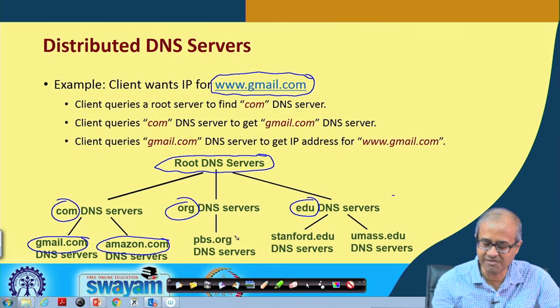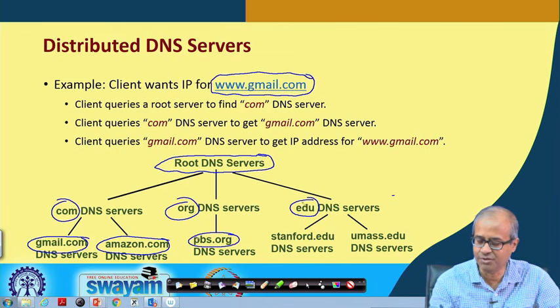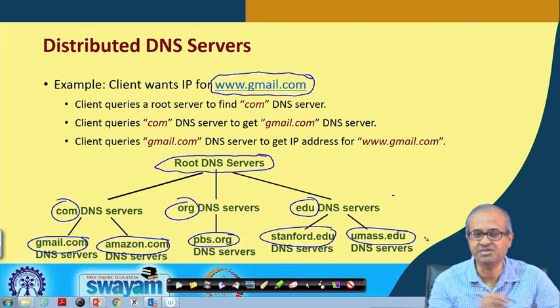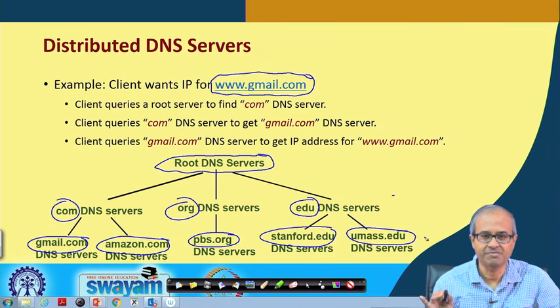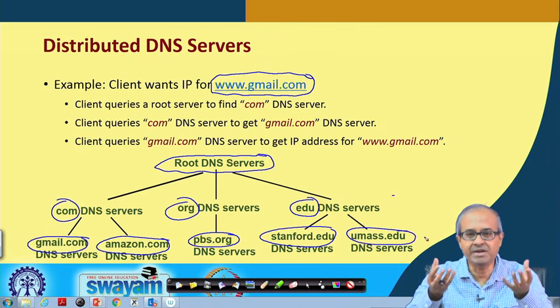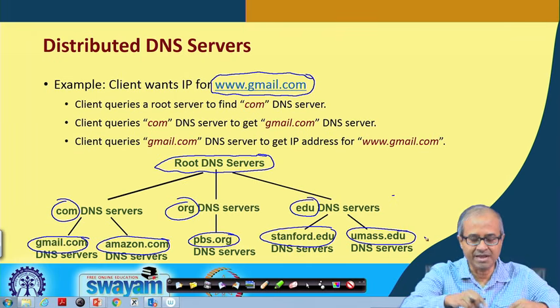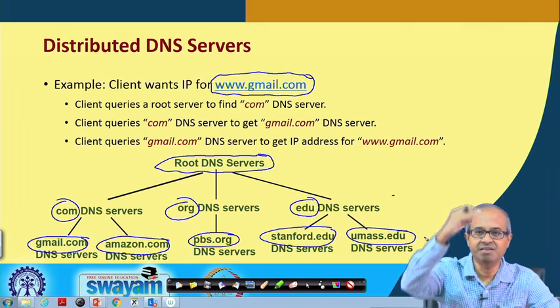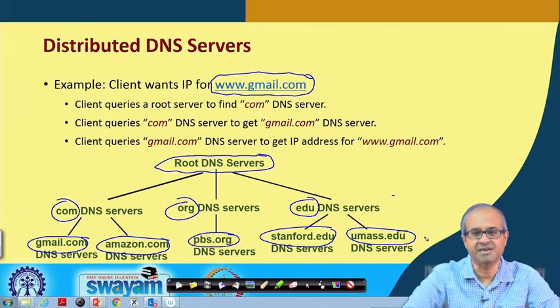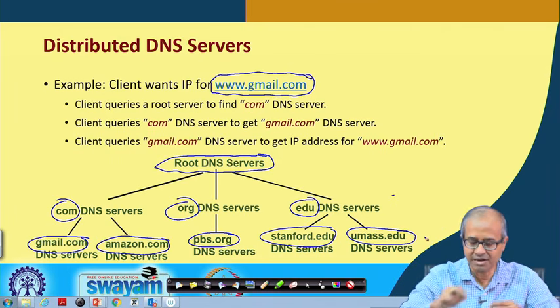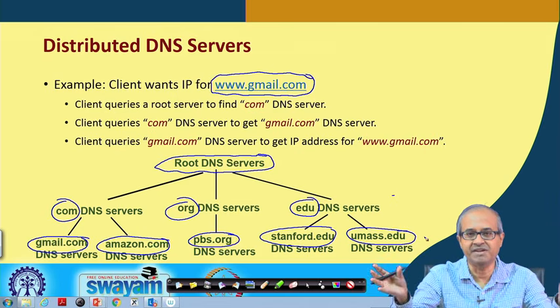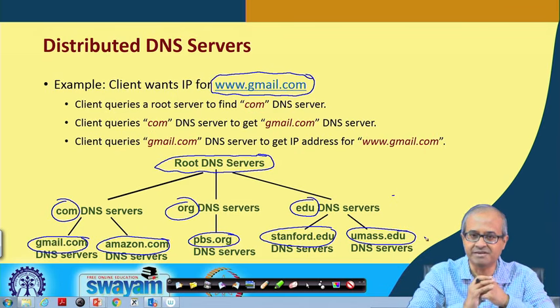For org, I have given one example, pbs.org; for edu, stanford.edu, and University of Massachusetts, umass.edu, and so on. So, this kind of DNS server is not one, there can be multiple, and I have just shown 3 levels, there can be a large number of levels in this hierarchy. Under Stanford, there can be several departments, each of them may have their own DNS servers and so on. Okay.